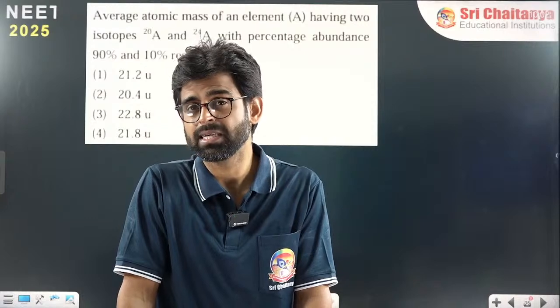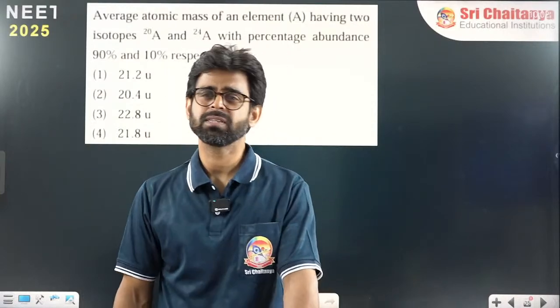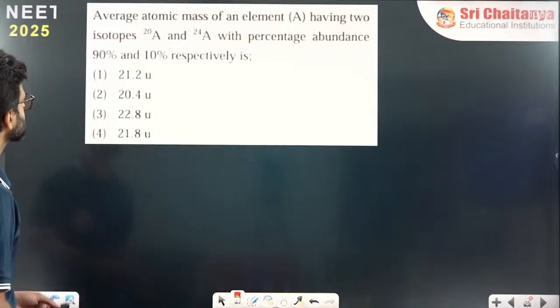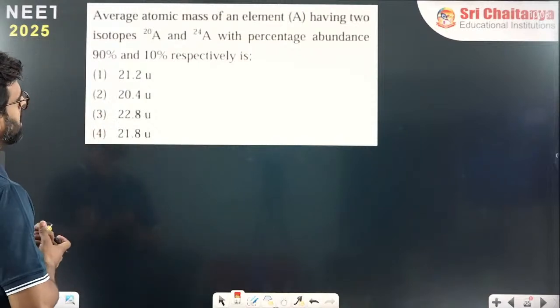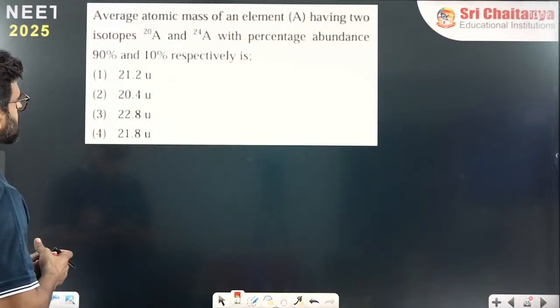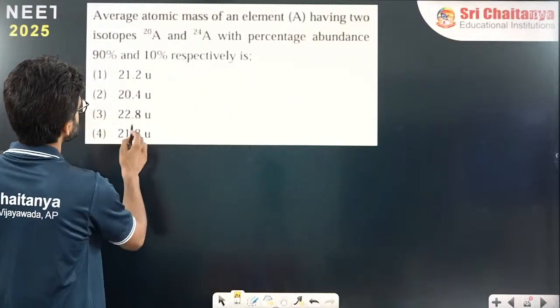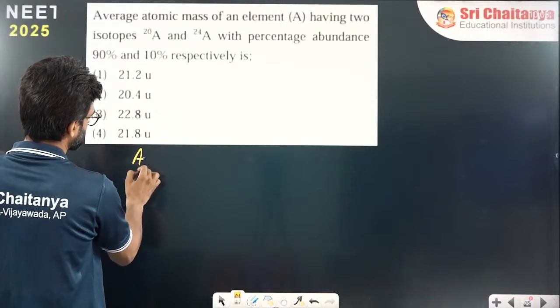Or in reverse I can say the electrode with higher oxidation potential will act as anode and the electrode with lower oxidation potential will act as cathode, right? The next thing is the average atomic mass of an element having two isotopes, they gave, right? Fine. What is the formula to find the average atomic mass?